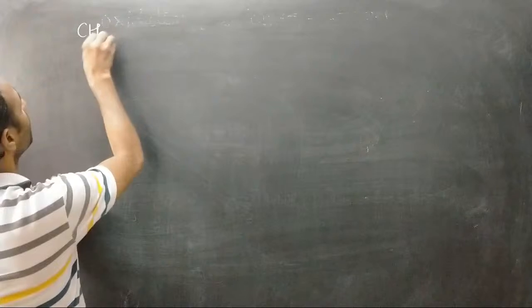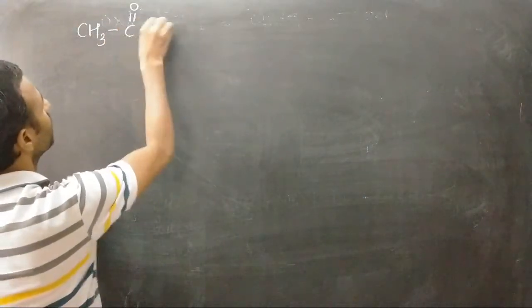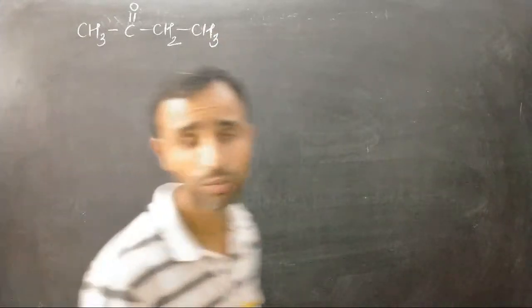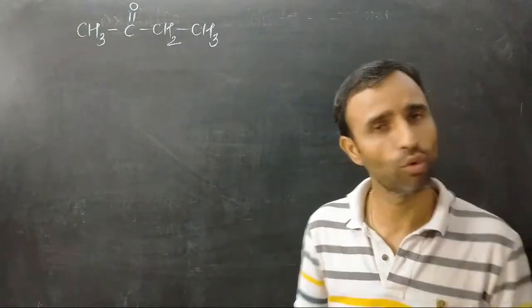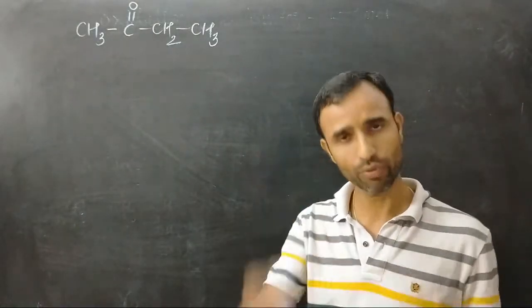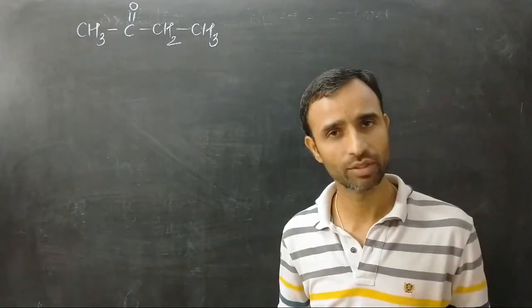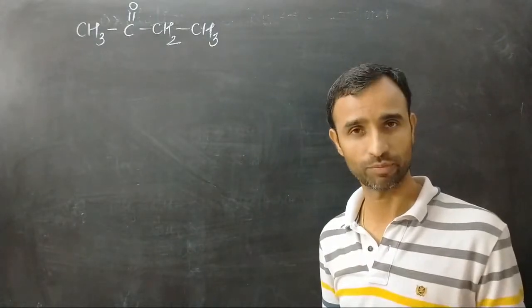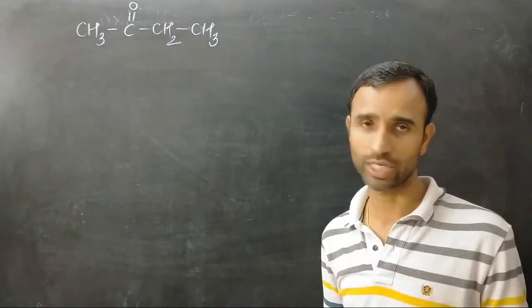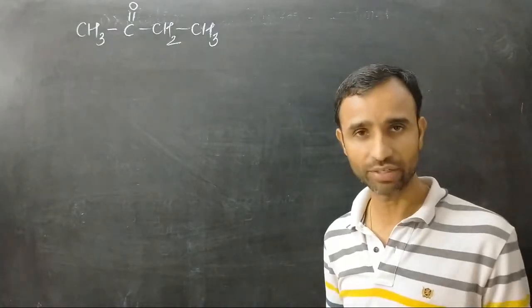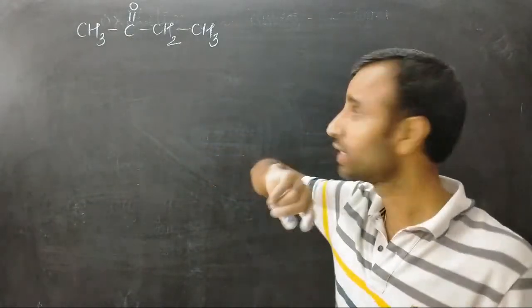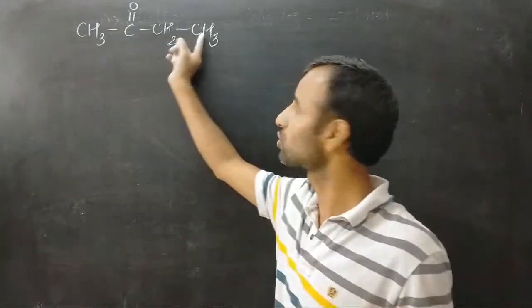Now, next is that if we have unsymmetrical ketones. See, if ketone is symmetrical, then there is no problem. It can be broken from either side. But if it is like this, unsymmetrical ketone, obviously if oxidation takes place with strong oxidizing agent, there is a breaking of the carbon-carbon bond near to CO. So tell me, it will break from CH3 side or CH2-CH3 side?